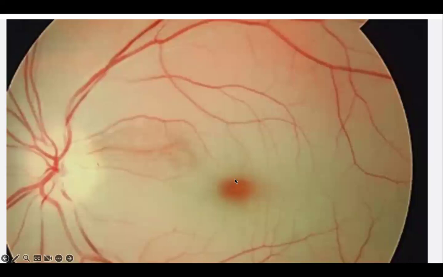But the fovea is very thin, it doesn't get edematous, so it doesn't block the transmission of red color from the choroid. That's why you see the cherry red spot. It's not due to accumulation of blood or anything. It's basically a relative transmission of color of the choroid. Okay.